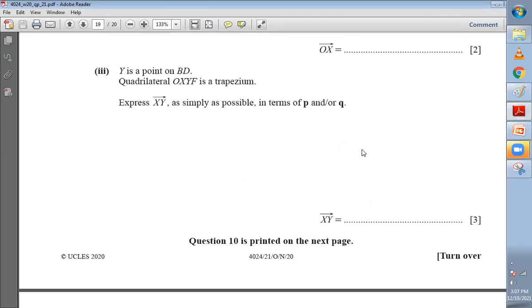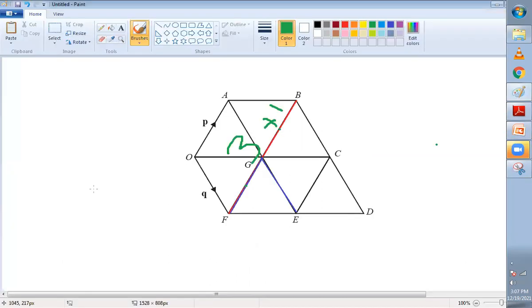Okay. Now, this third part is not a simple question. It's a 3-mark question. He says, Y is a point on the BD, and the quadrilateral OXYF is a trapezium. Express XY as simply as possible in terms of P and Q. So let me show you.